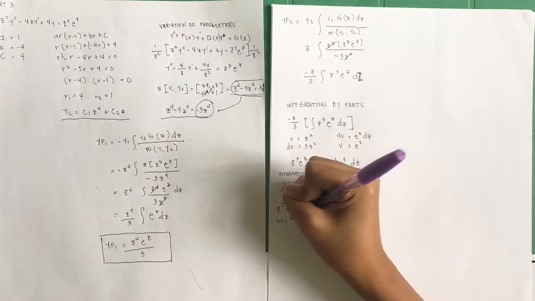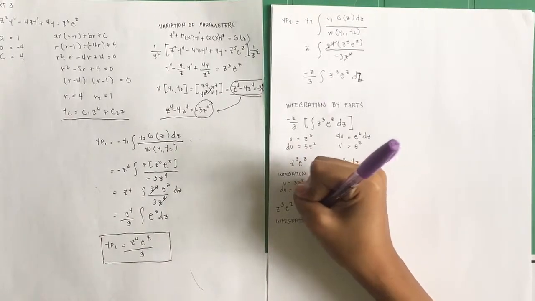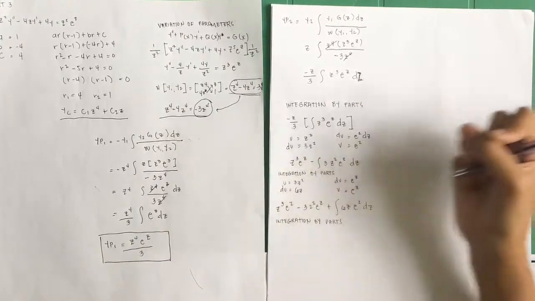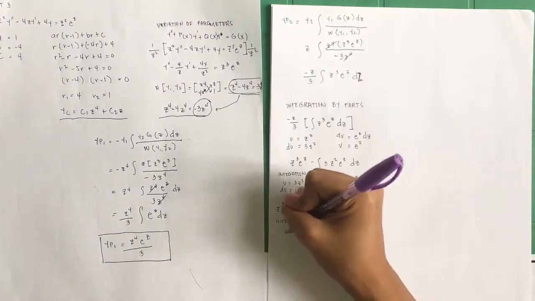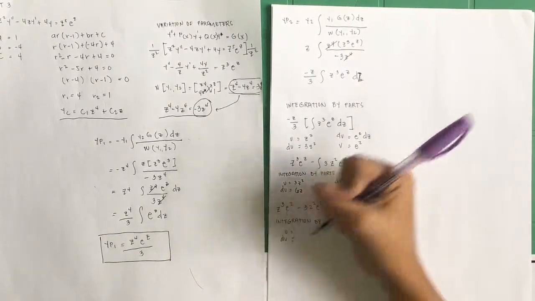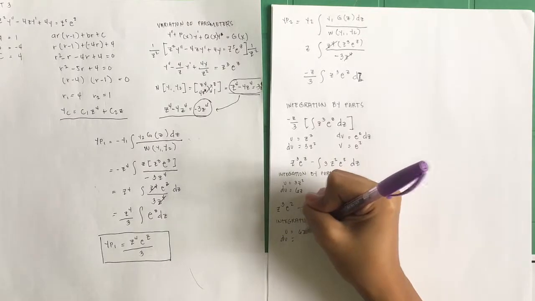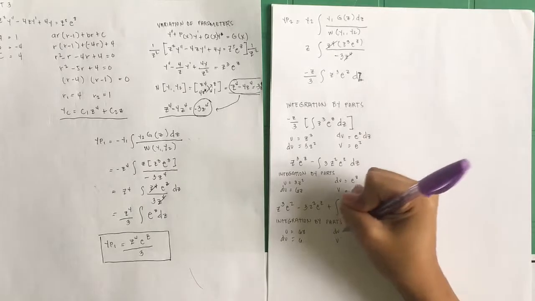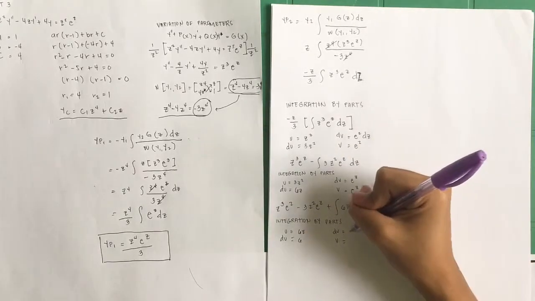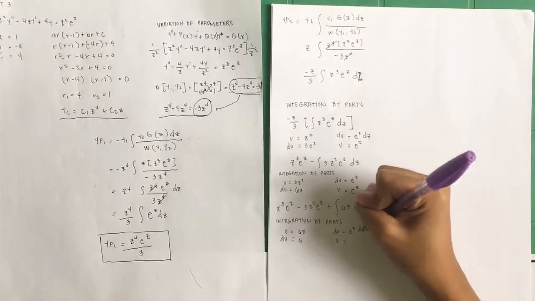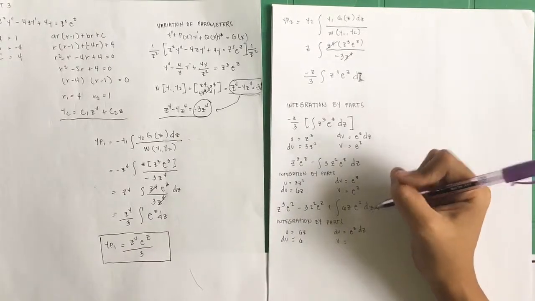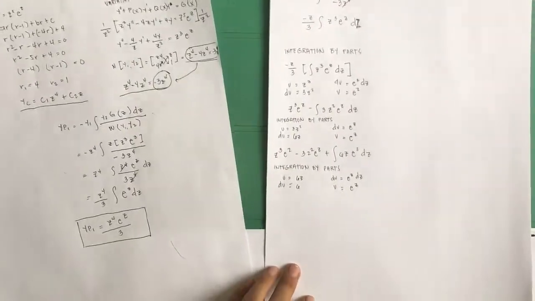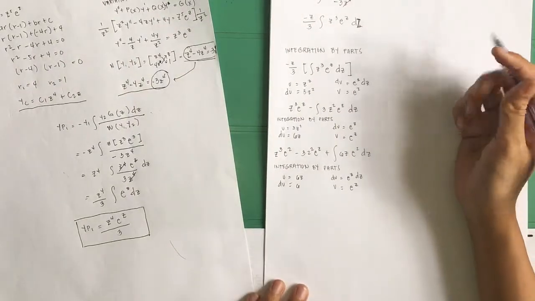Again, another integration by parts to simplify furthermore. u and du. u is equal to, then dv is equal to, now we will put the value for this. I'll make it bigger so you can see it clearly.